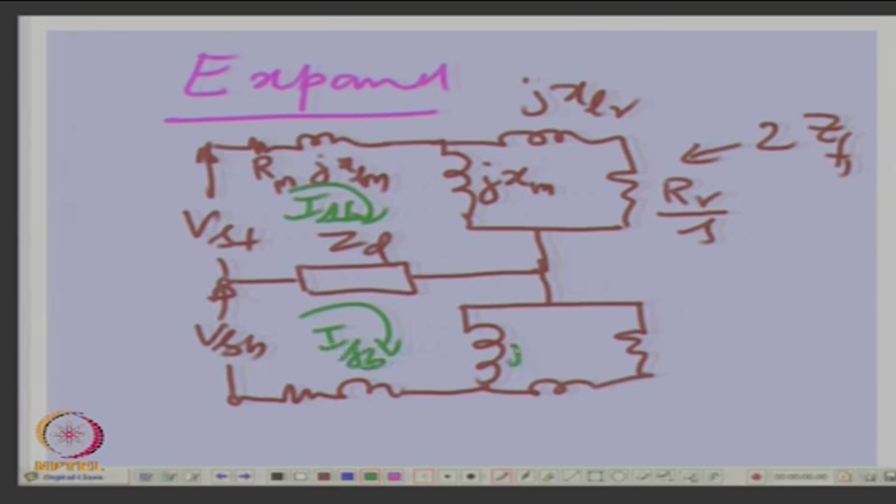Now, what will be this parameter jXM? RR by 2 minus S, jXLR.